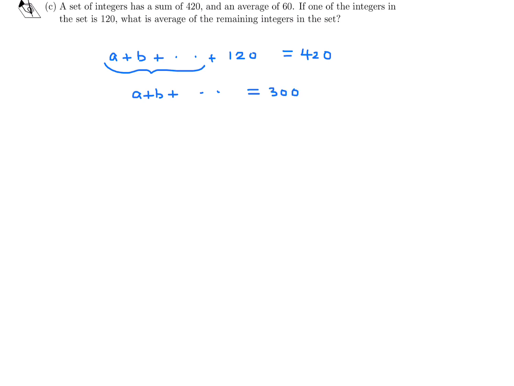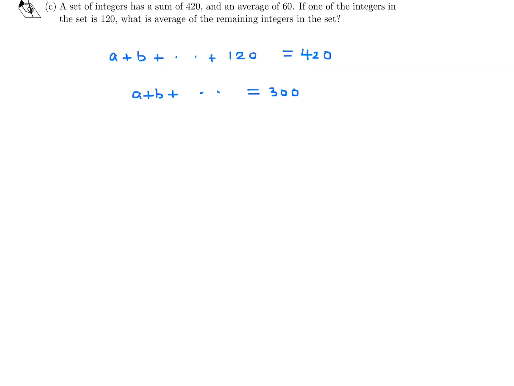Correct? And then they tell me that the average of that original set is 60. So that means if you were to take that top set and divide by the total number of integers, which I don't know, so I'll just say is n, that is equal to 60.